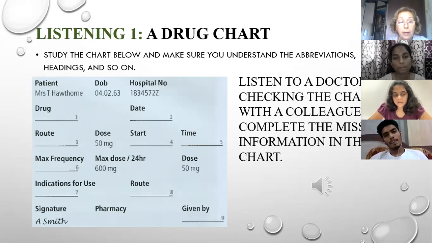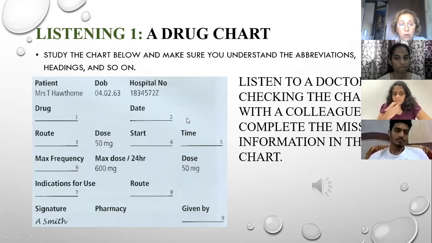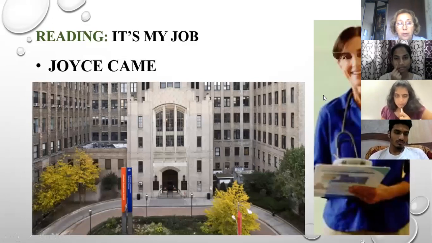Yes. Okay, good. This is just the example of a drug chart which patients have in the ward. And now we are going to read some information about this person in the picture. Her name is Joyce Kane.